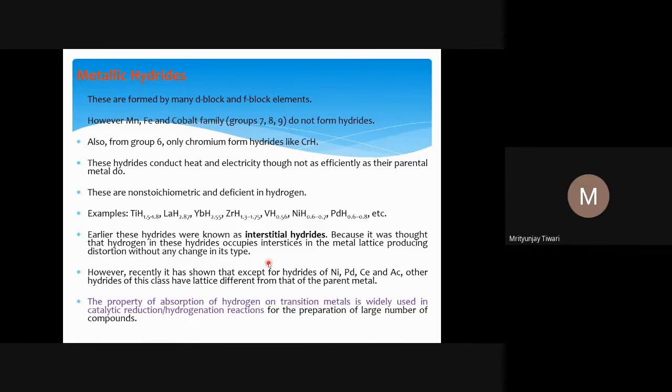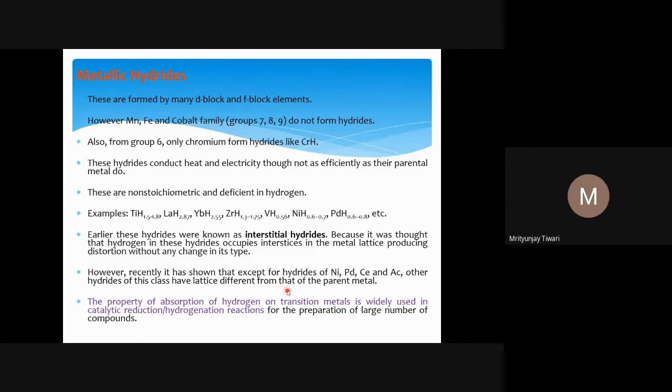And because of that consideration, people believed that these are interstitial hydrides. However, recently it has been shown that except for hydrides of nickel, palladium, cerium, and actinium, other hydrides of this class have a lattice different from that of the parental metal.